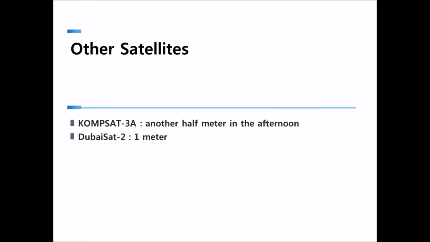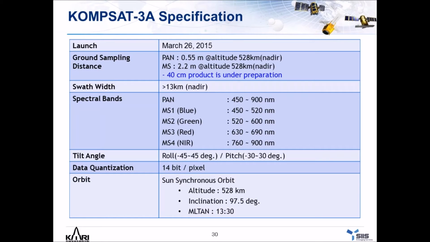We have 2 more satellites. Kompsat-3A was launched in 2015, and it can provide 55 centimeter resolution images. And now we are preparing 40 centimeter products.